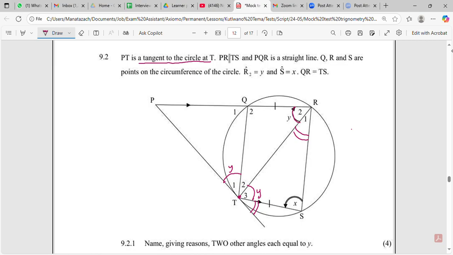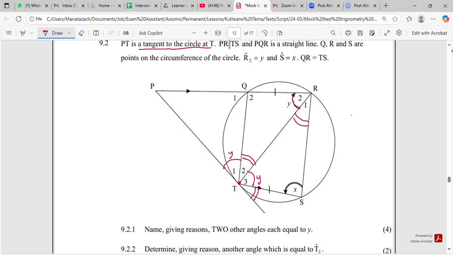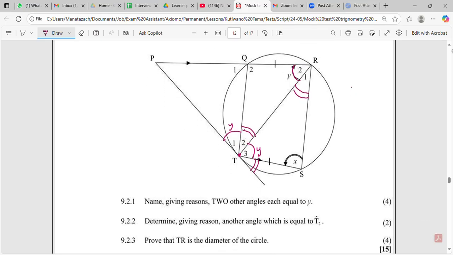That means here R1, which is subtended by chord TS, would be equal to T2. I'm just going to put a double pink line on T2 because it's also subtended by the equal chord QR. So I think we have simplified our diagram. Now it's going to be easy to answer the questions.